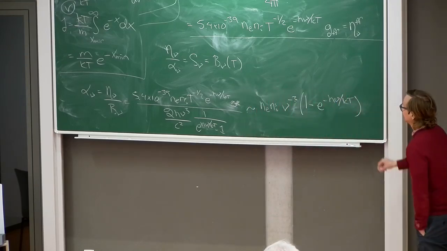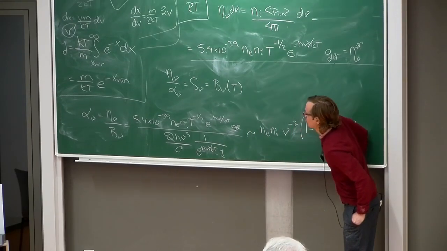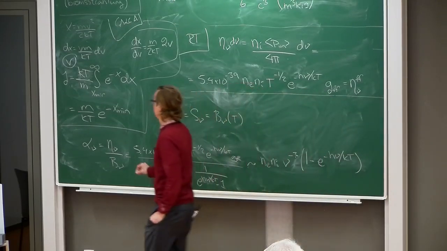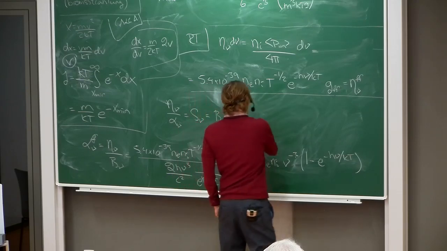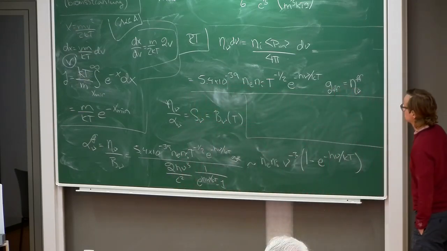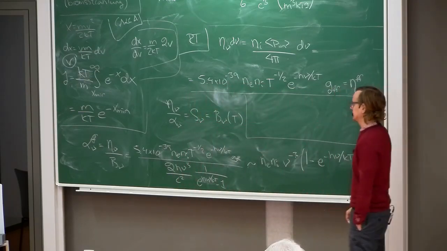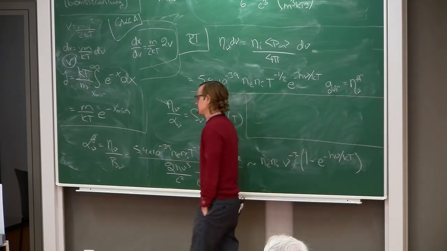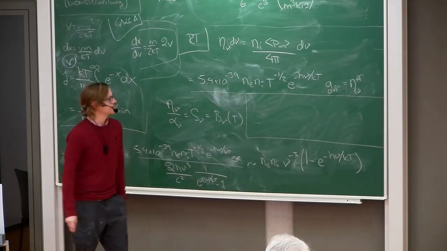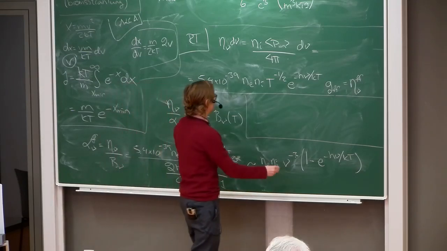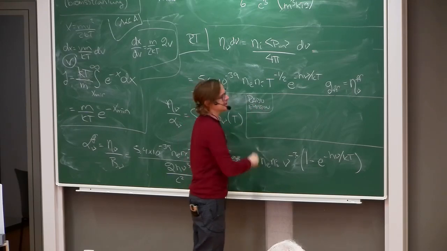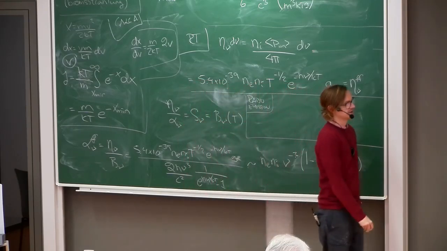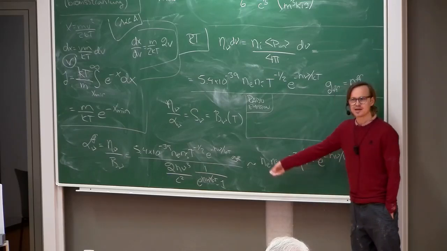Now, we will do one interesting thing already now, though, for the free-free absorption coefficient. It turns out that this is very often important in, for example, radio emission. That is often from objects dominated by this Bremsstrahlung.